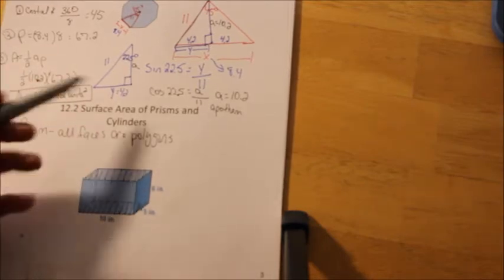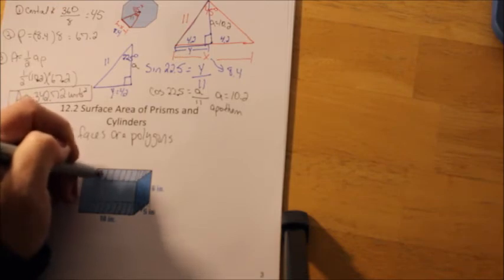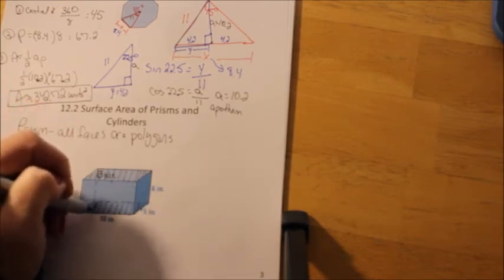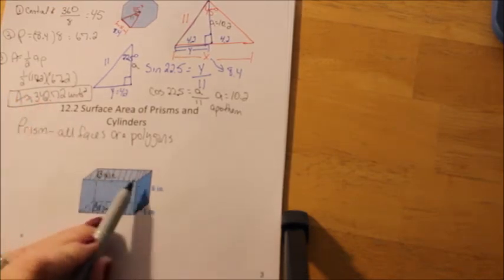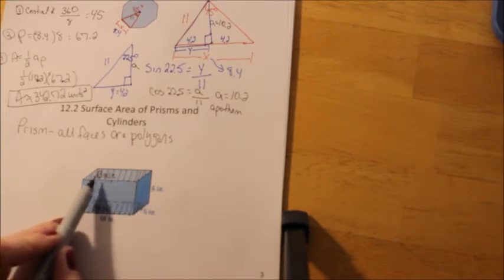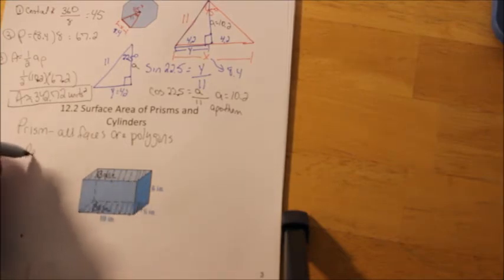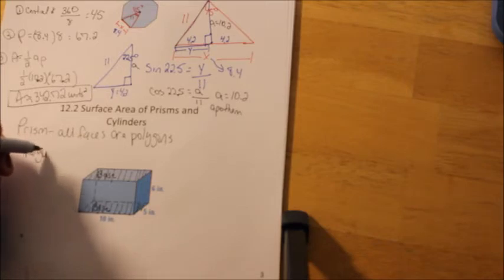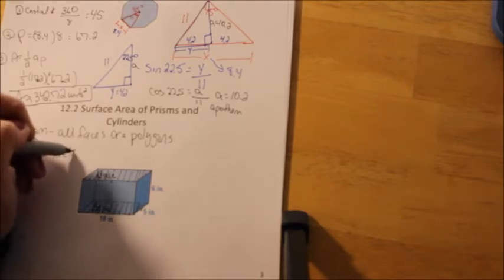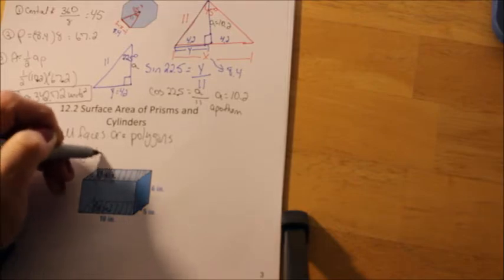So if these are the bases, then you would say, okay, what's the shape of that? That is a rectangle. So we would call this a rectangular prism.